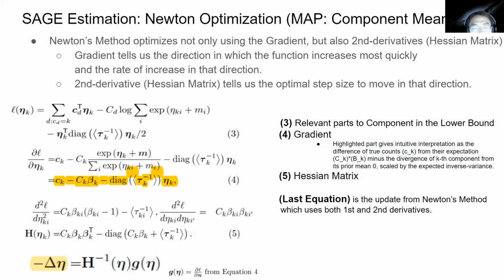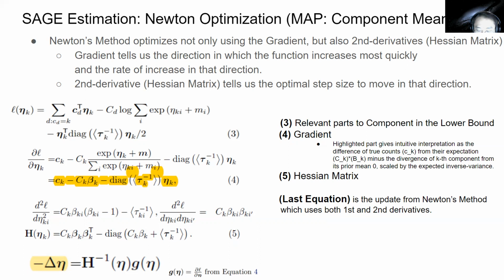So the Newton method uses both the first derivative, which is the gradient, and the second derivative, which is given by the Hessian matrix. To say again, the gradient tells us the direction in which the objective function, in this case our lower bound, maximizes most quickly. That's shown by the sign of the first derivative, whether we go up or down in that axis direction.